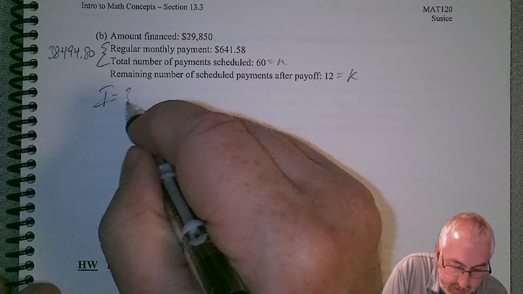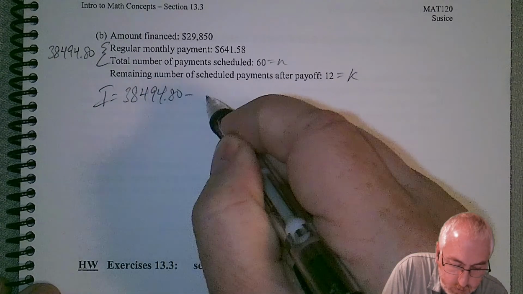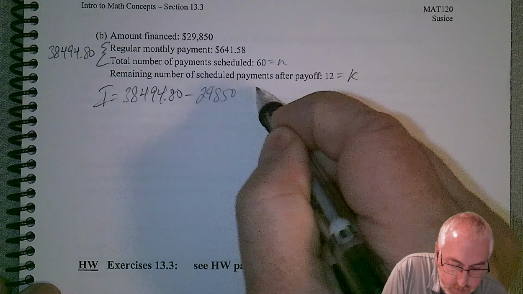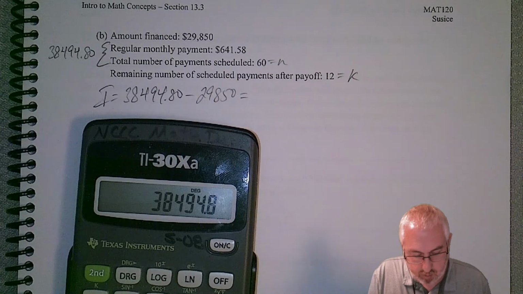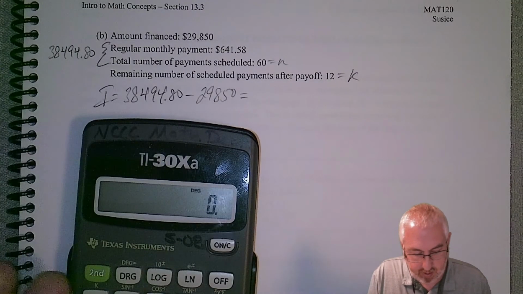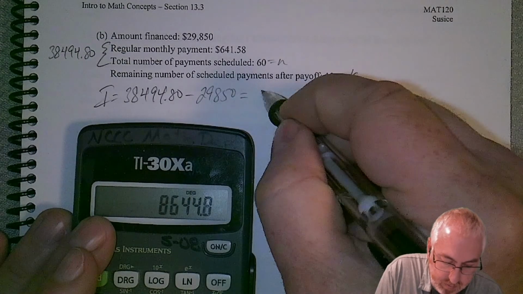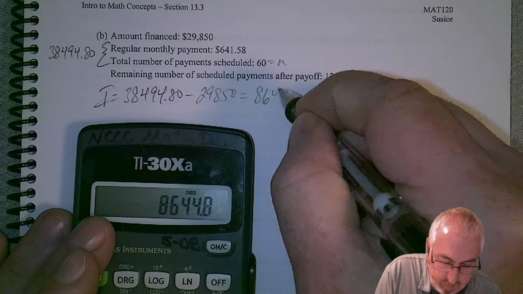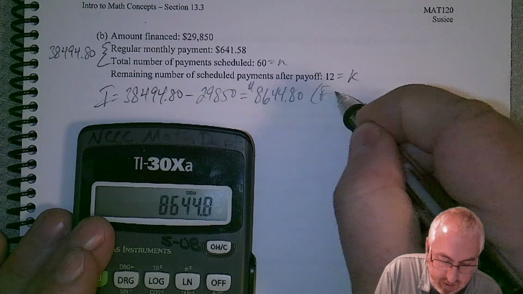So we got to subtract those. 38,494.8 minus 29,850 is $8,644.80. So there's our finance charge.